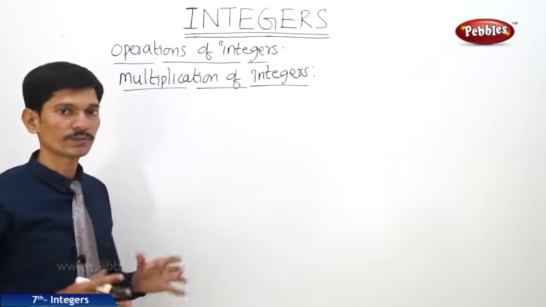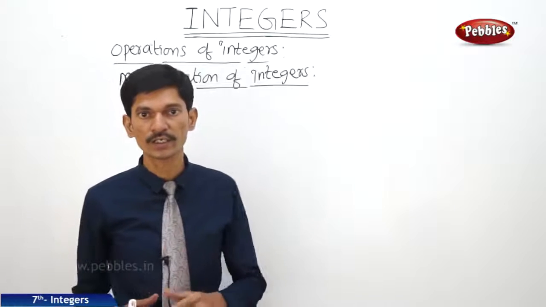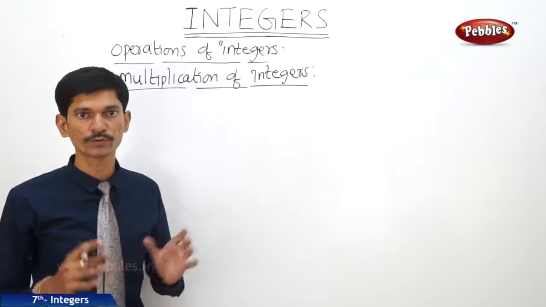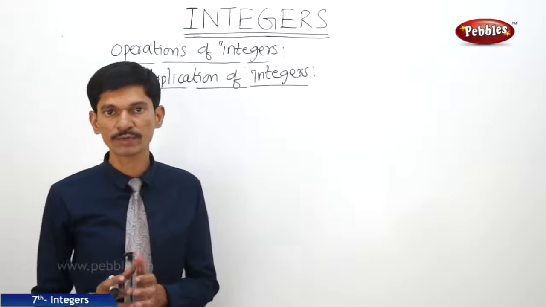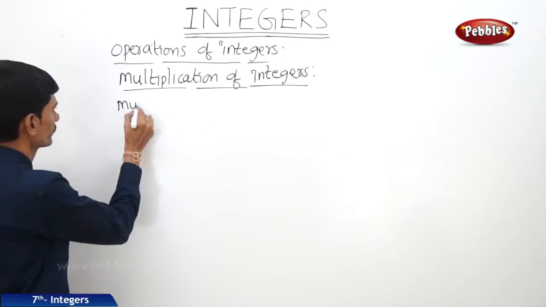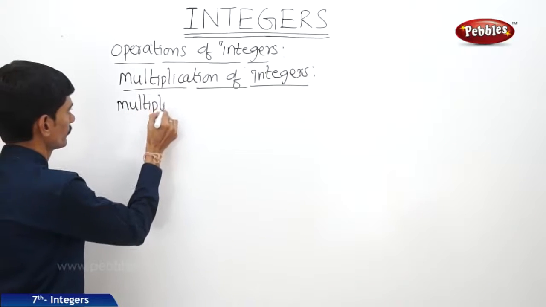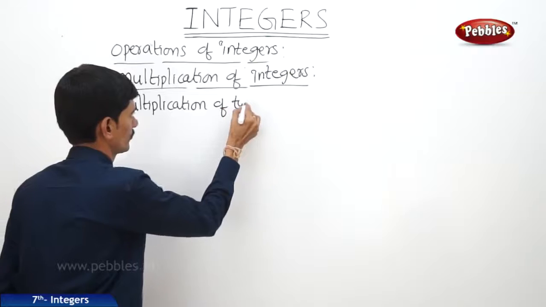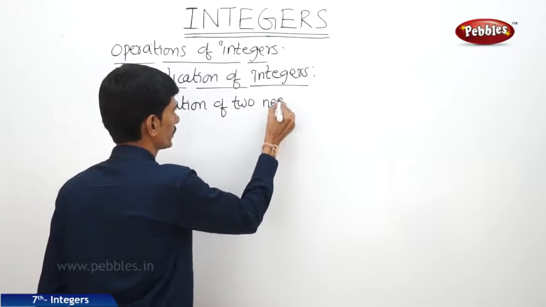Now we have multiplied a positive integer by a negative integer, a negative integer by a positive integer, and two positive integers. Now let us multiply two negative integers.